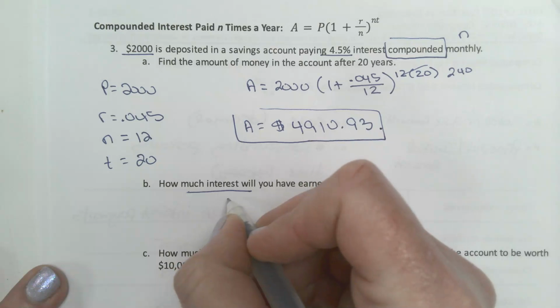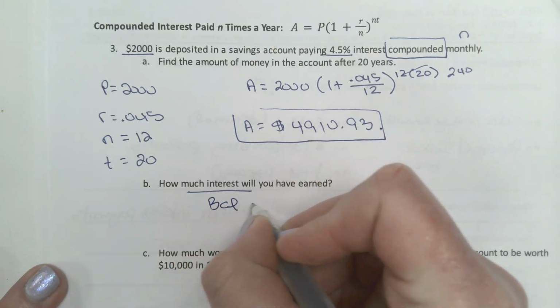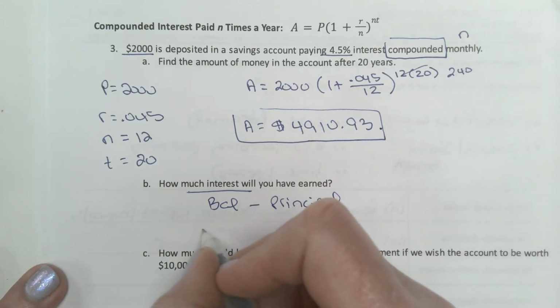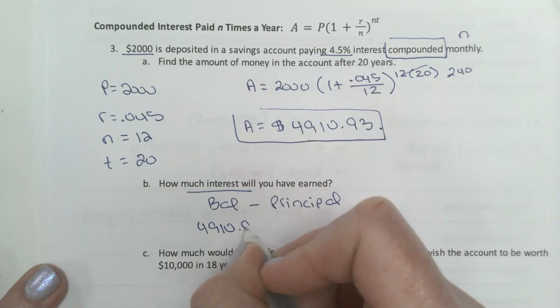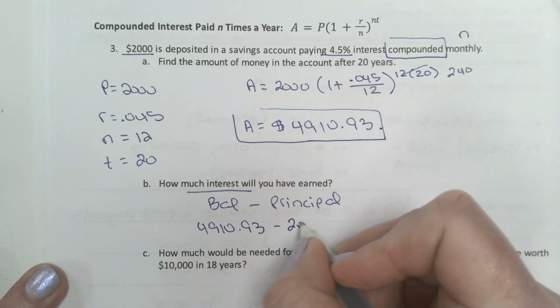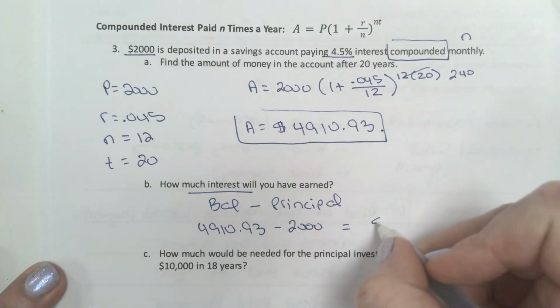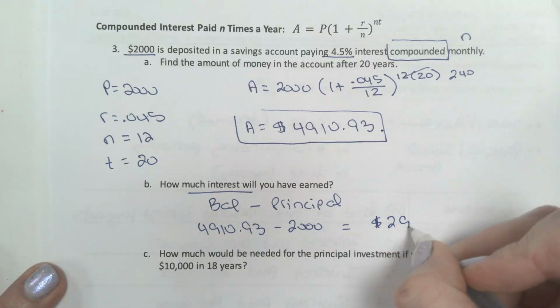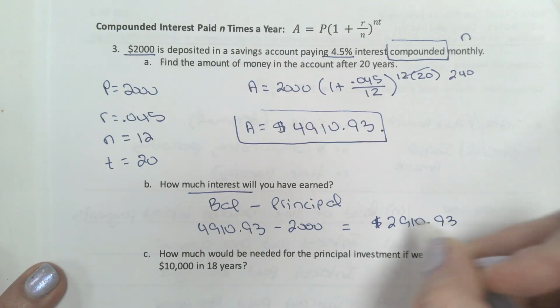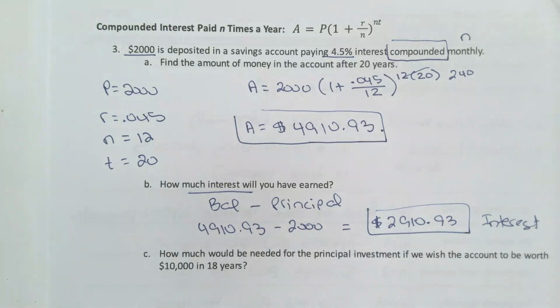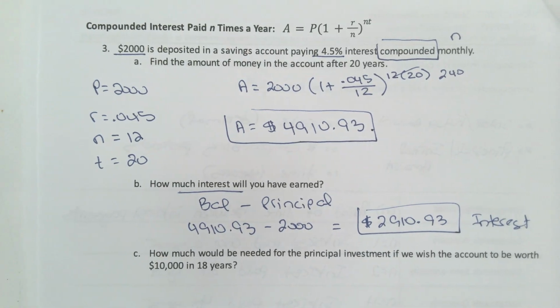If you take your current balance minus the principal, so I'm taking the 4910.93 minus the 2,000 that I deposited, that means that 2910.93 is how much I earned in interest. I left it in there so long, my interest is more than my principal at the moment.